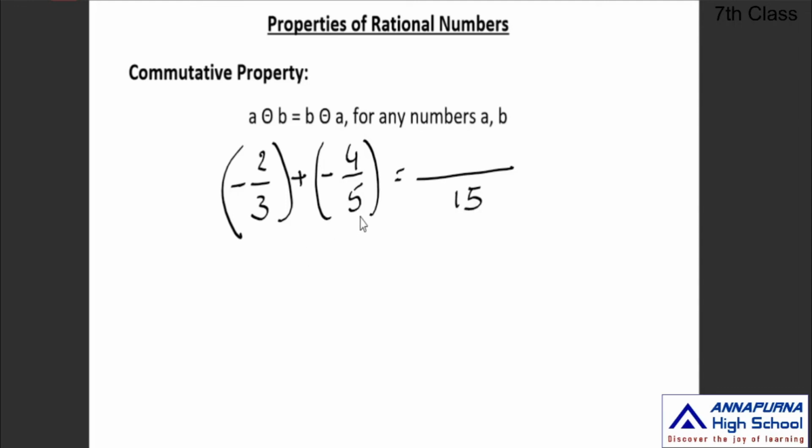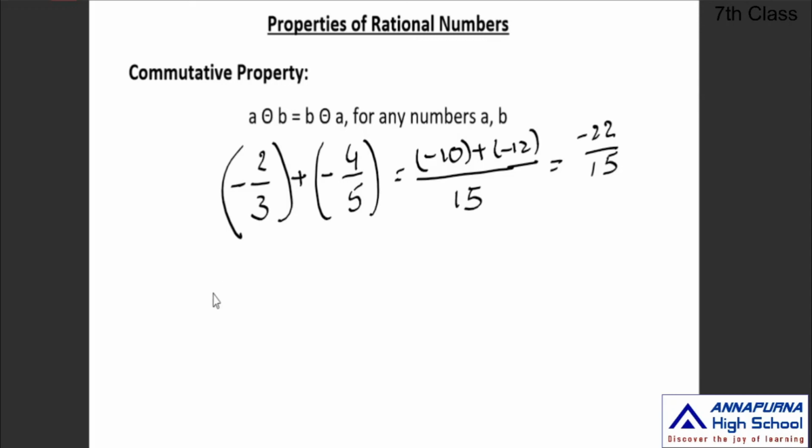For the numerator, 15 divided by 3 gives quotient 5, so 5 into minus 2 is minus 10, and plus, 15 divided by 5 gives quotient 3, so 3 into minus 4 is minus 12. That is minus 10 plus minus 12, which is equal to minus 22 by 15.